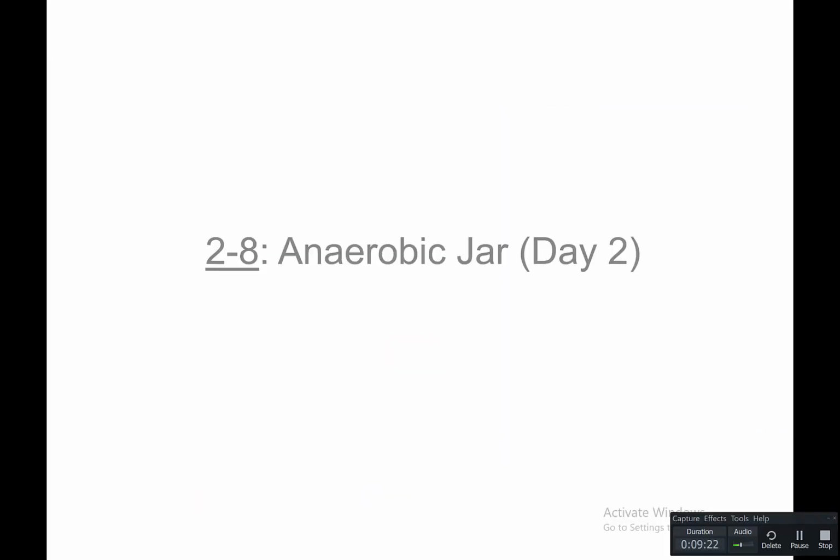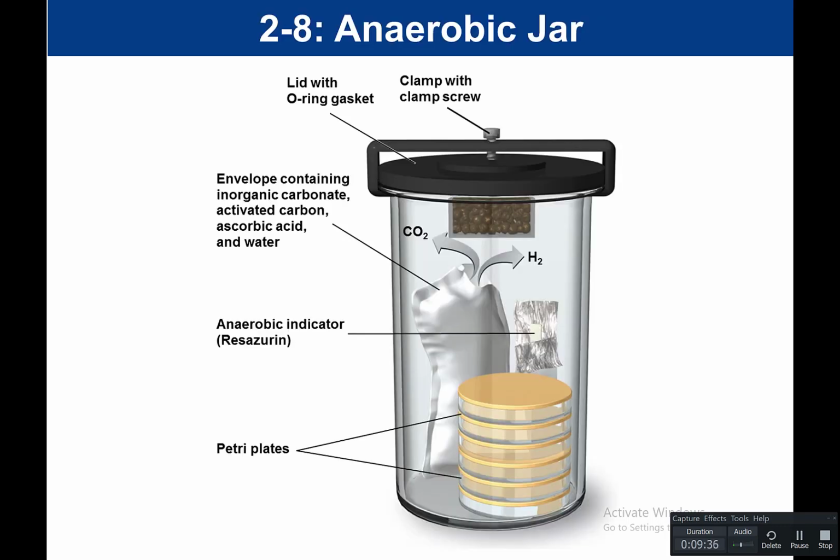So now let's look at our anaerobic jar day 2, looking at our readout. Meaning once we take our jar out of our incubator, let's talk about what the results would mean. Just to remind you, for our anaerobic jar in terms of our setup, we have this canister, and within it we have these anaerogen chemicals.